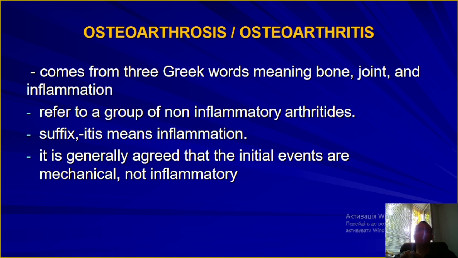The term comes from Greek and means osteo, bone, and arthros, joint, and the suffix itis, which means inflammation, or osis, which means a chronic process. So osteoarthritis is the disease which affects the joint, the cartilage, and subchondral bones.